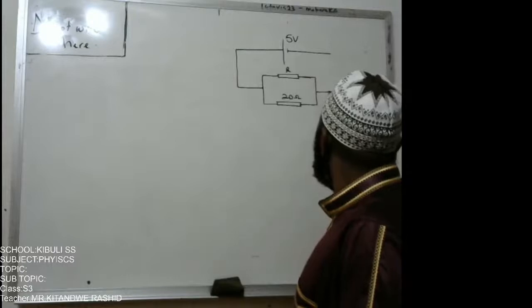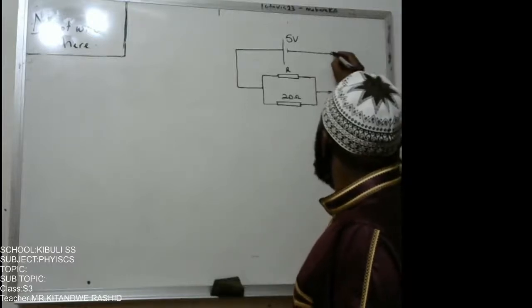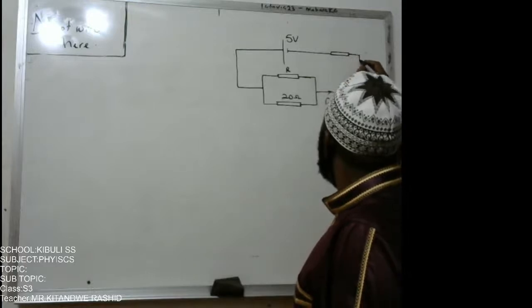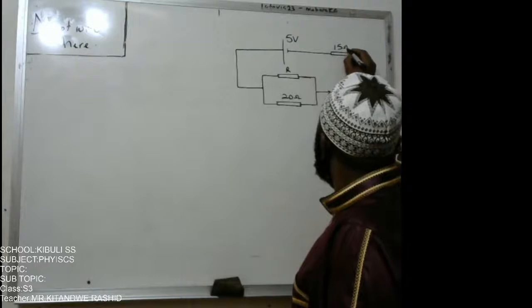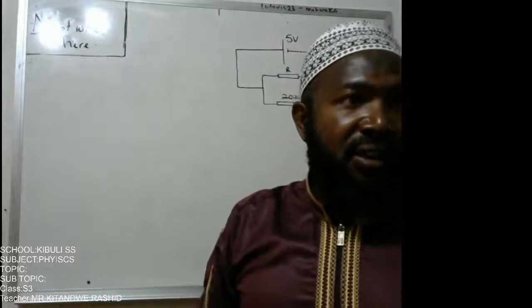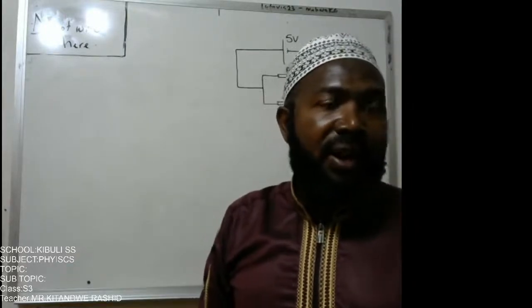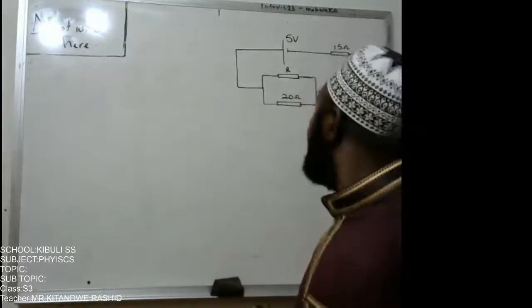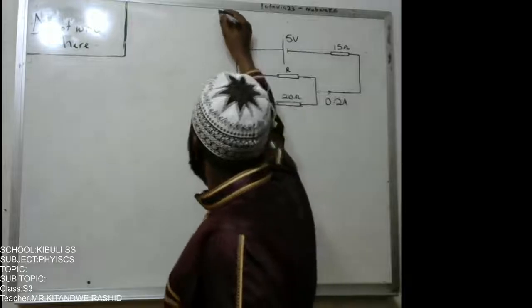Current through is 0.2 amperes. Then we had another resistor here of 15 ohms. So the first part of the question was saying, find the value of R and hence the power dissipated in R. Now, to find the value of R, there are two approaches.